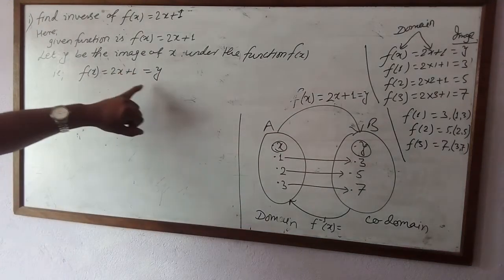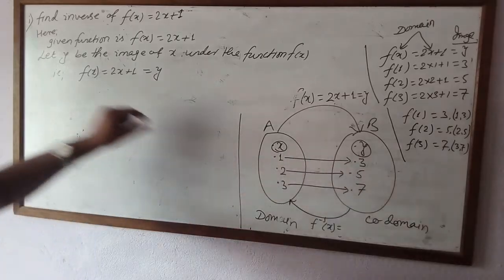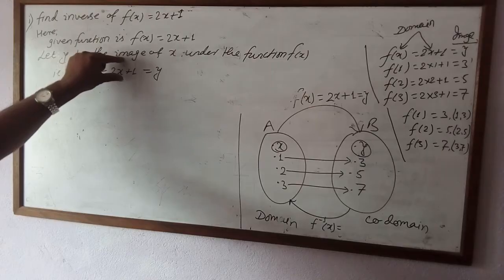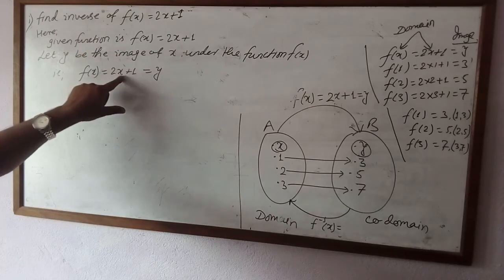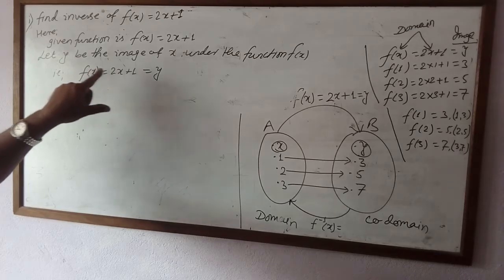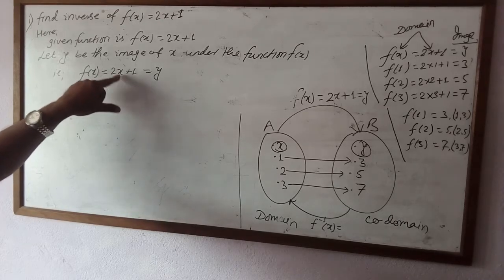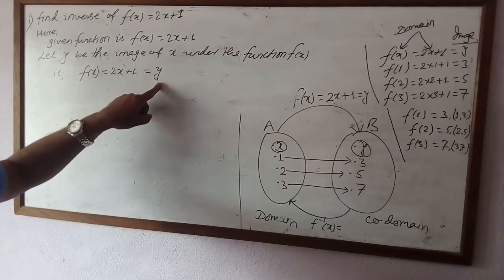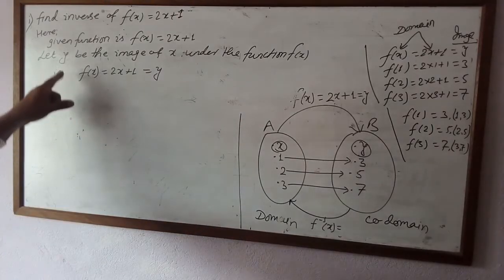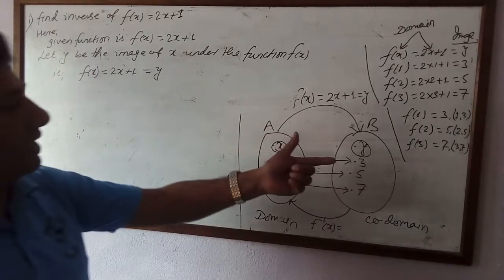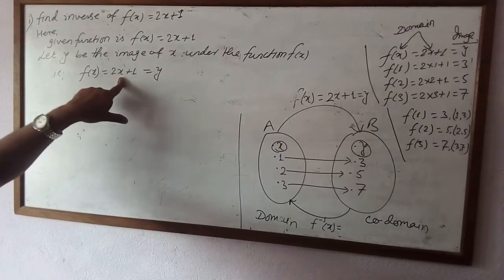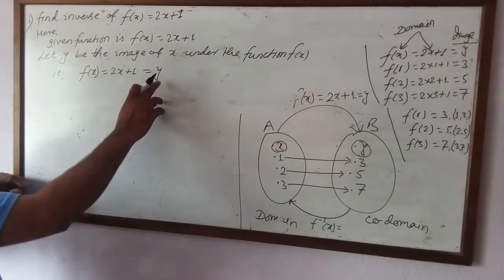Now here is y. When you write the value of x in this function, this is the main function, it gives a value. That value is y. According to our assumption, this y is the image of this value given by this function.